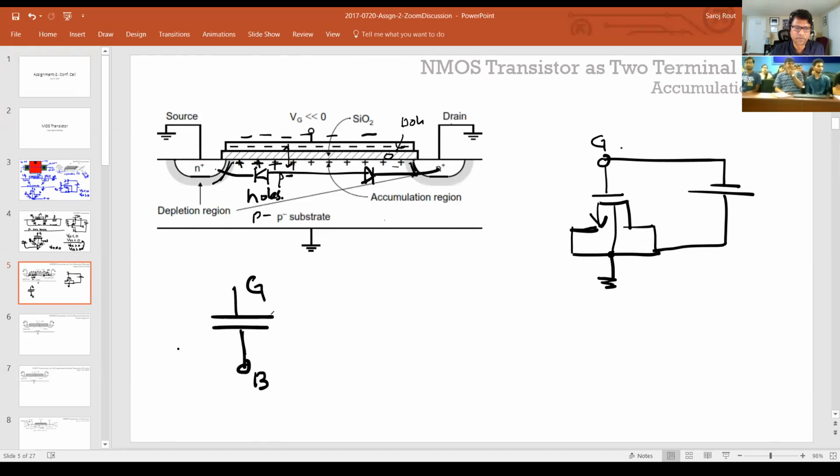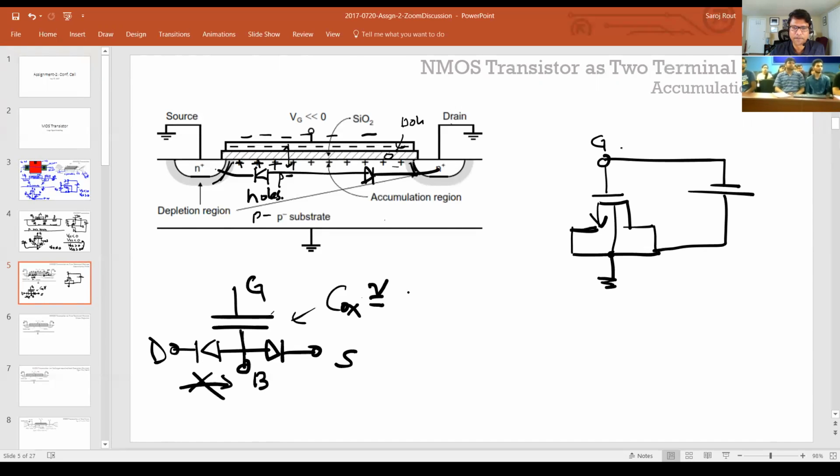And between drain and source, you have this back-to-back connected diode, and there is obviously no current flowing here. So it just looks like a capacitor. This capacitor is typically the value of Cox times the area of your transistor, where Cox is your relative permittivity epsilon naught over the thickness of the thin oxide.